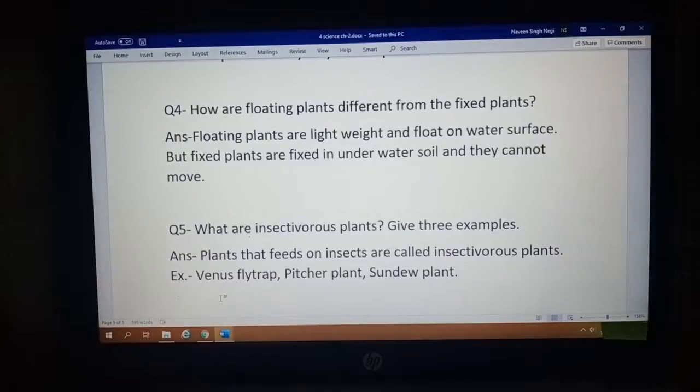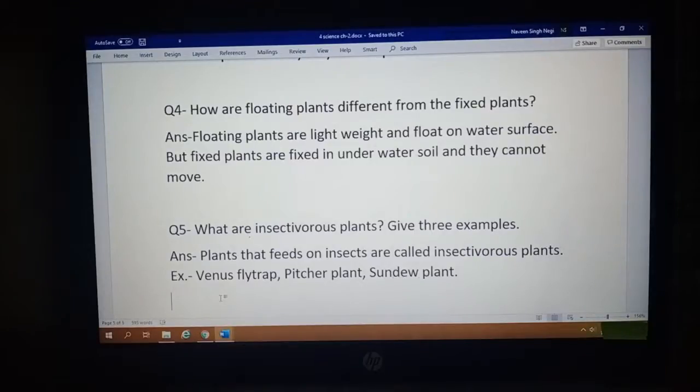Already I have shown you the image and a short video related to insectivorous plants. Its answer is, plants that feed on insects are called insectivorous plants, and its examples are Venus flytrap, pitcher plant and sundew plants.